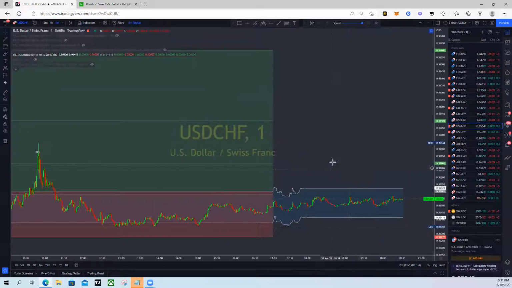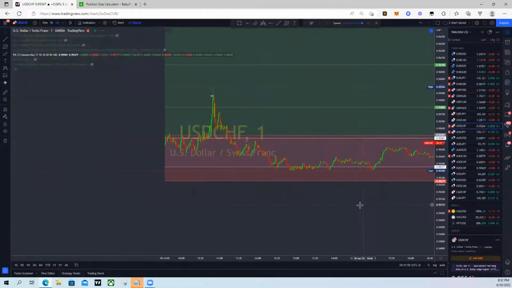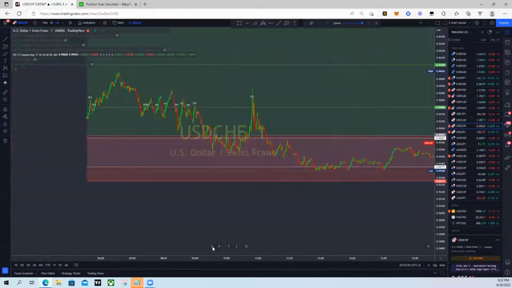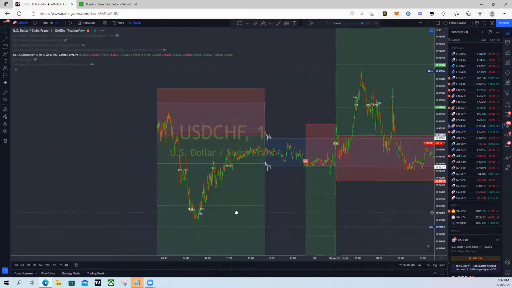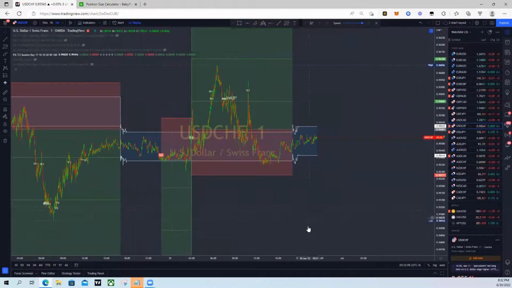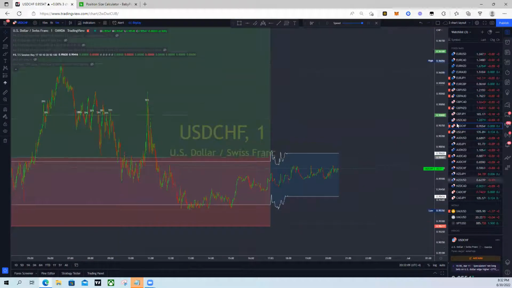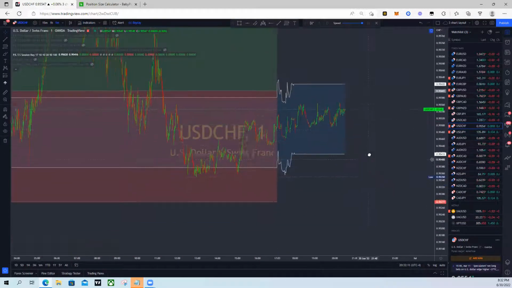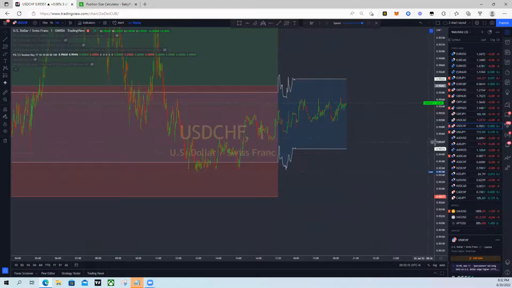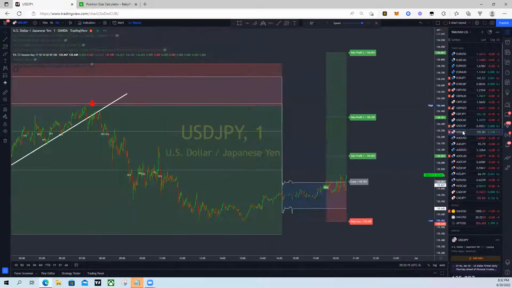USD CHF. This ain't the same pair I was looking at. I just don't like CHF, man. It's a little too choppy for me. You guys may think differently, but yeah, okay.